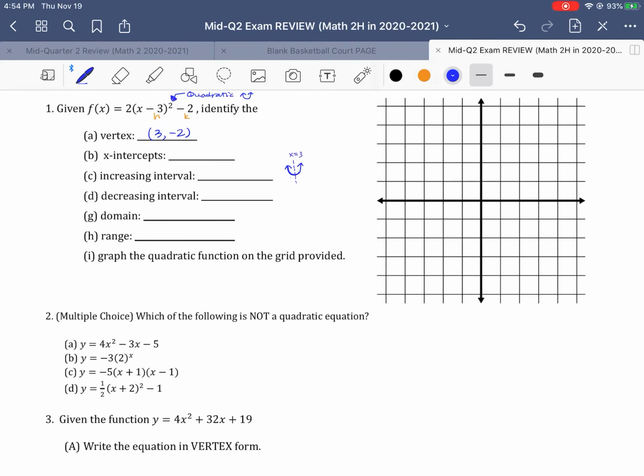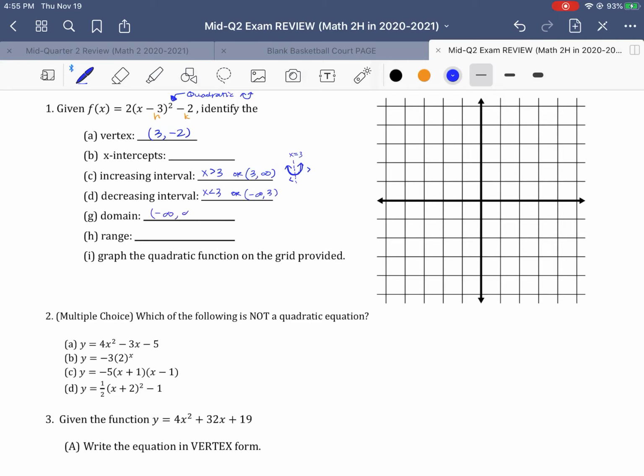It's going to decrease on the left, and then it's going to increase on the right. So I'm going to say where x is greater than 3, it's going to increase. Or again, if you like to write 3 to infinity, that just means on the right side of the graph. And where x is less than 3, we are going to decrease. So this would be negative infinity to 3.